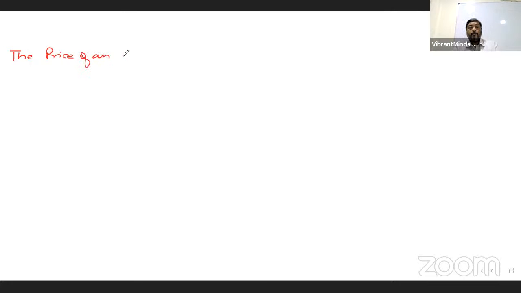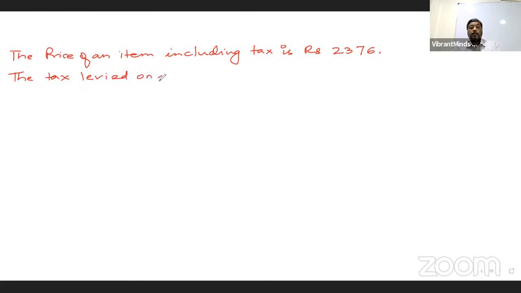Price of an item including tax is rupees 2376. The tax levied on it is 8%.